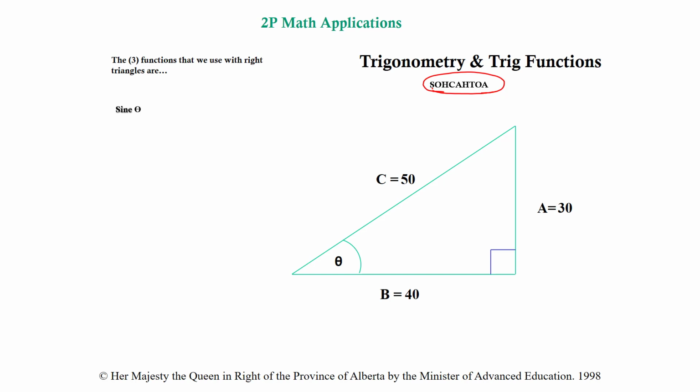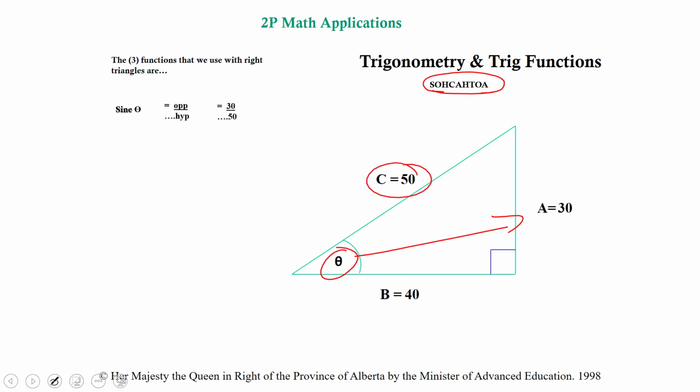So sine of angle theta, the ratio is the side opposite divided by the hypotenuse. In this case, the side opposite of our angle is 30, and the hypotenuse is 50.